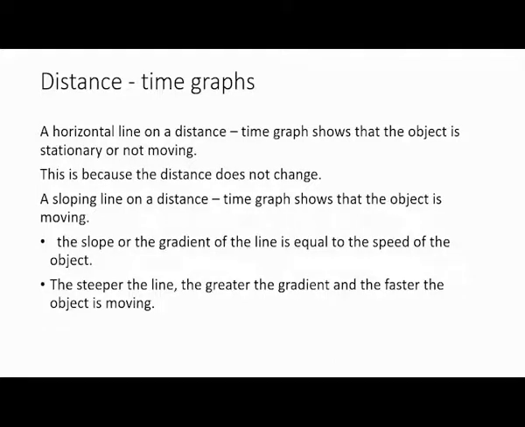For example, on a distance-time graph, a sloping line shows that the object is moving. The slope or gradient on a distance-time graph is equal to the speed of the object. The steeper the line on a distance-time graph, the greater the gradient and the faster the object is moving.